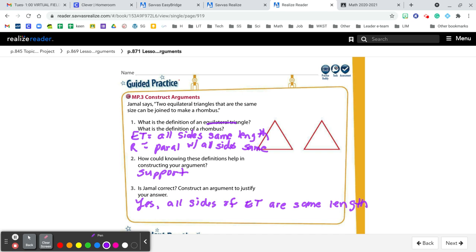So when the triangles are joined, and you could try this on a piece of paper, the quadrilateral that you make will have sides the same length.